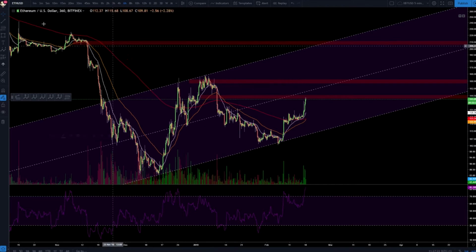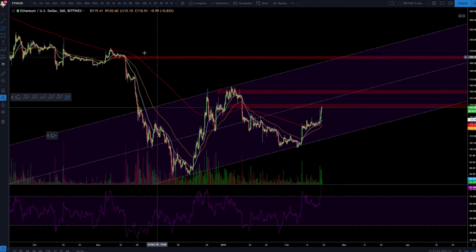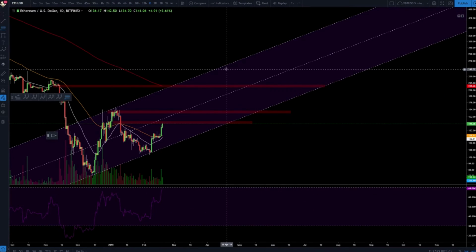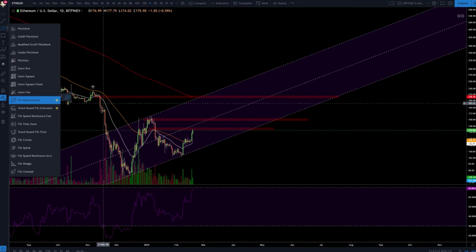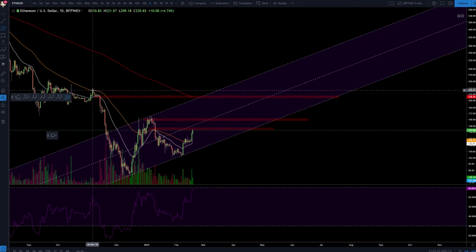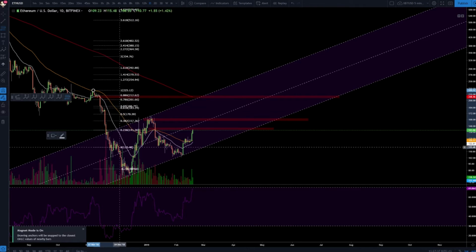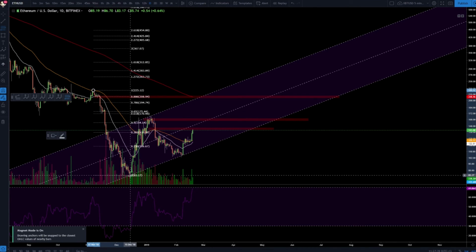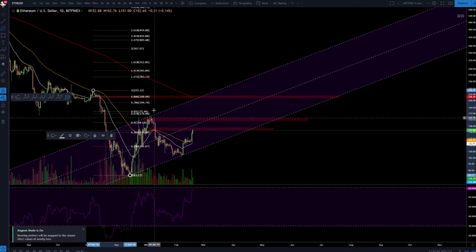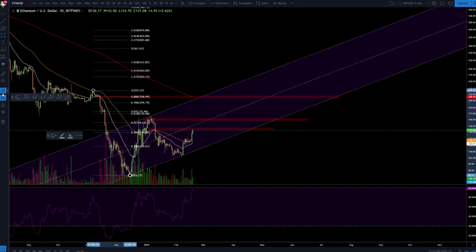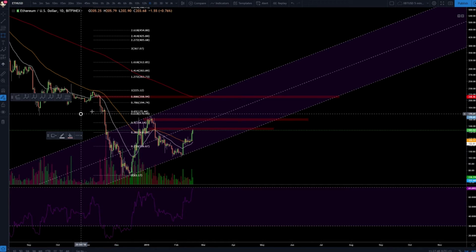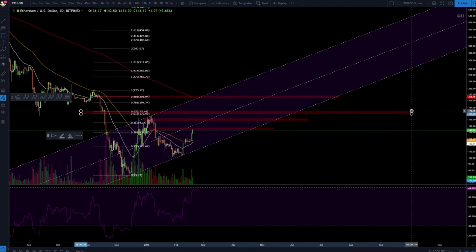Of course, real quick, guys, we can be looking at one more Fibonacci here. If we take this high and then this low, obviously the very low, then we have another level here that I'm not too fancy of, but this is definitely a 618 level as well. So keep that in mind.